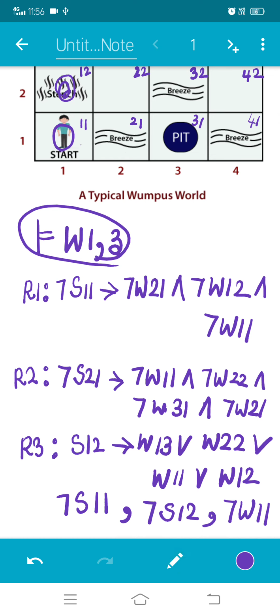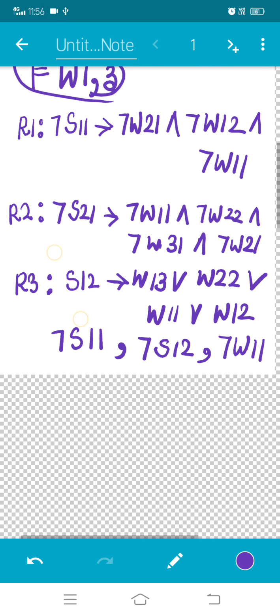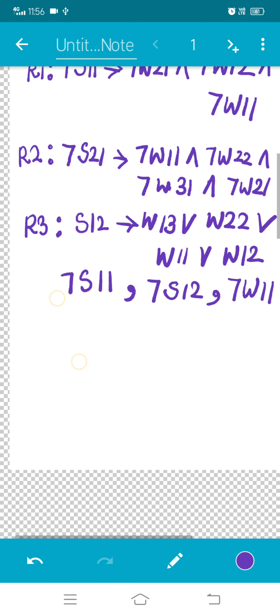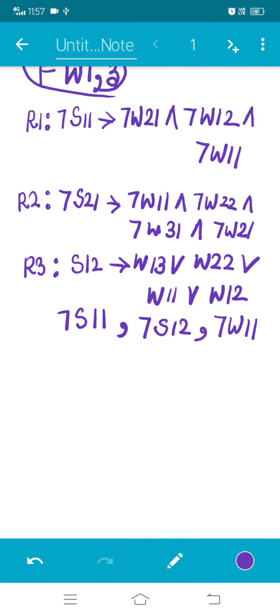We can derive the sub conditions also, which we consider to be true. So with these conditions only we are going to prove that Wumpus is present in 1, 3. So these are the rules I have inferred from the available information. So we will start solving the proof.